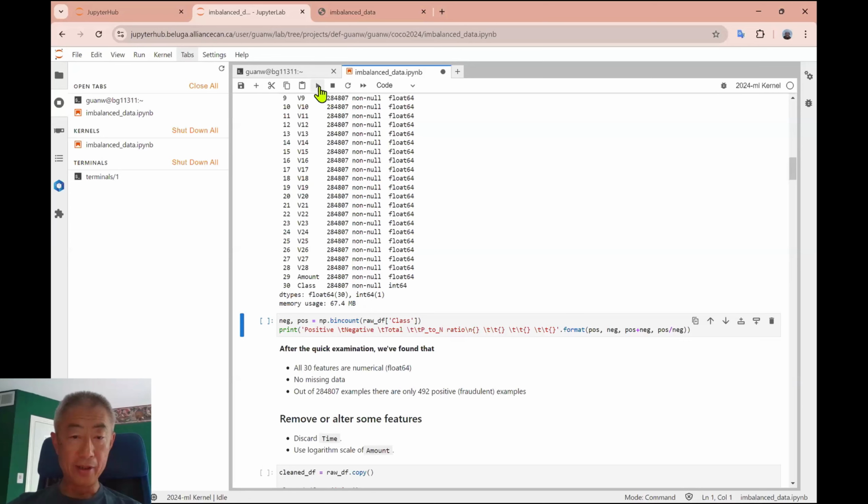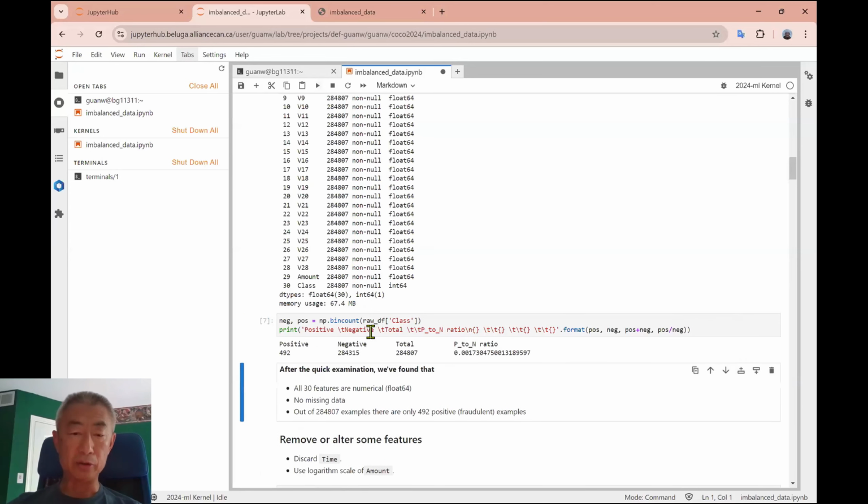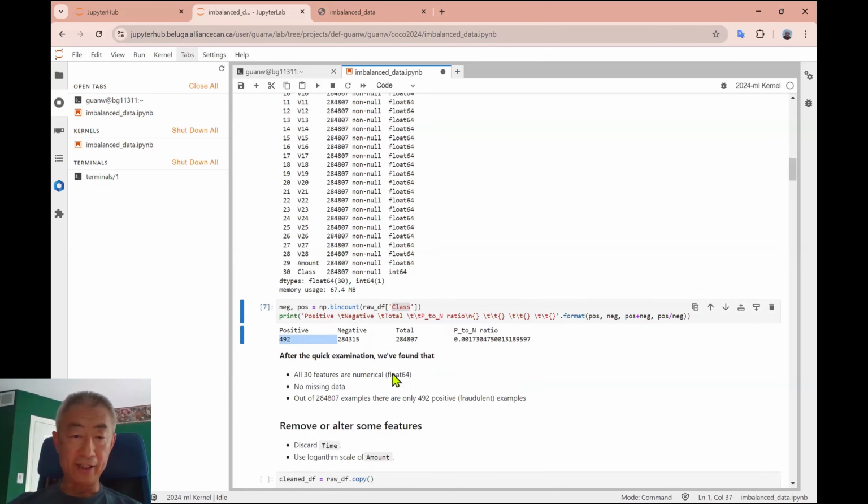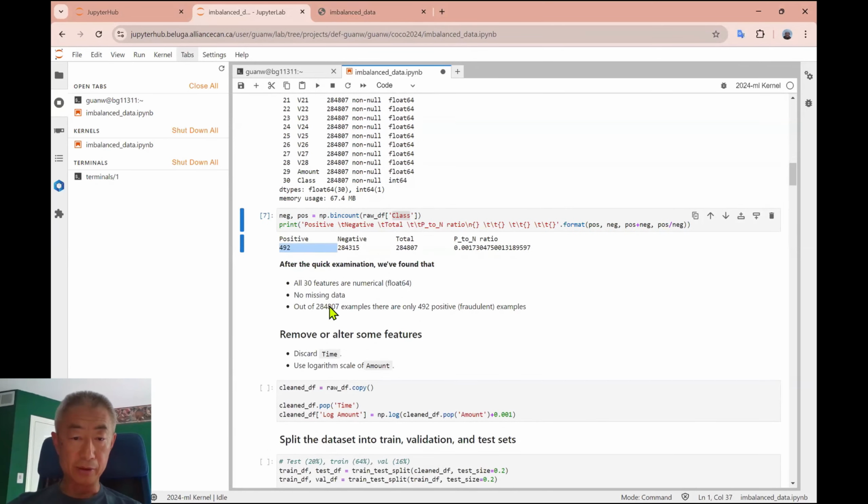And we then do a bin count on the class, and we get 492 positive samples out of the total. So that means it's very rare. It's a highly skewed distribution between positives and negatives. And after that, keep going.